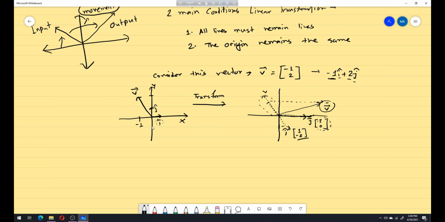So as I said, it will have the same linear combination -1 and 2 with some scaling or transformation done on the basis, right?